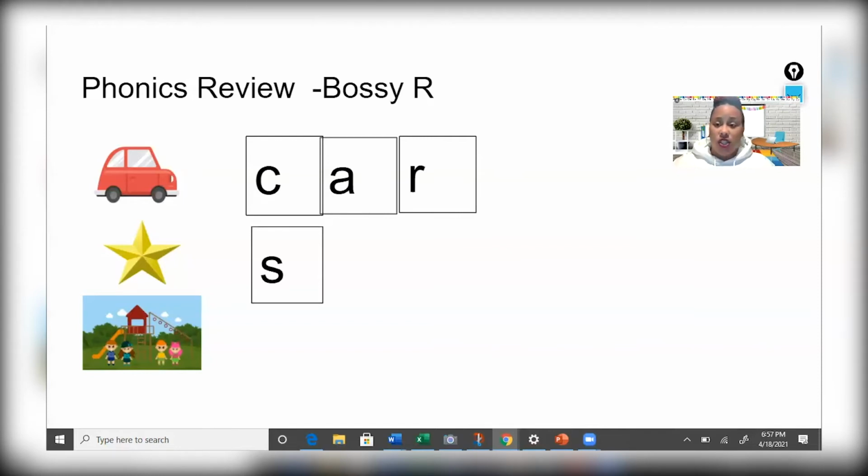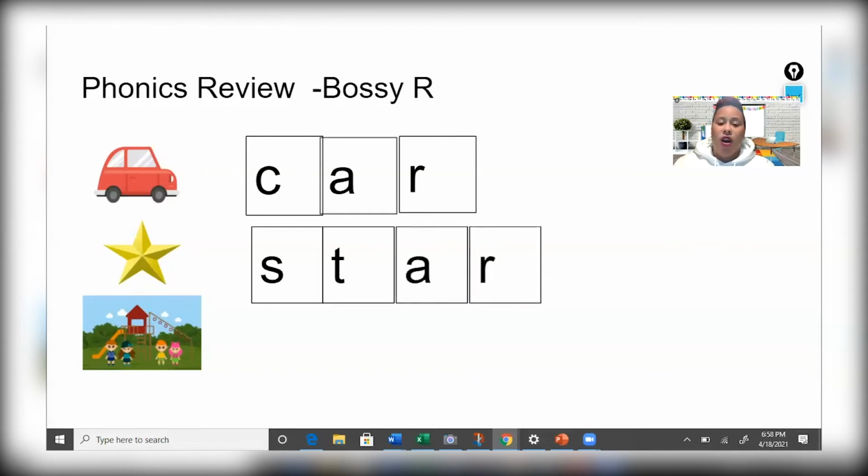Which letter makes a T? The T is making the T. And what about R? Which two letters make the R sound? Bossy R in that AR makes the R sound. AR. Star. STAR makes the word star.